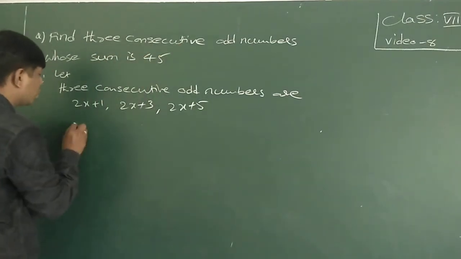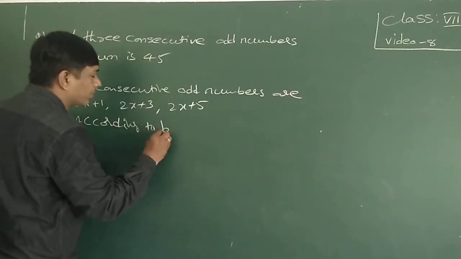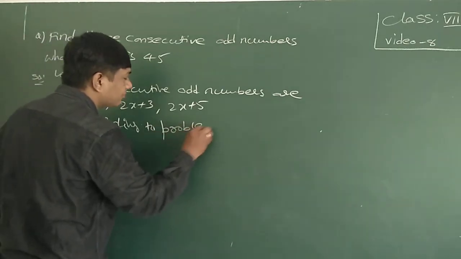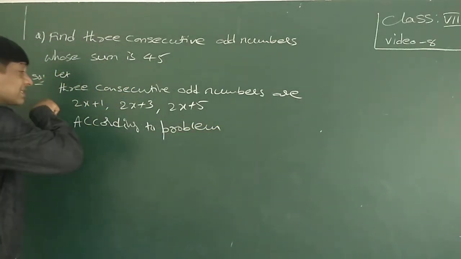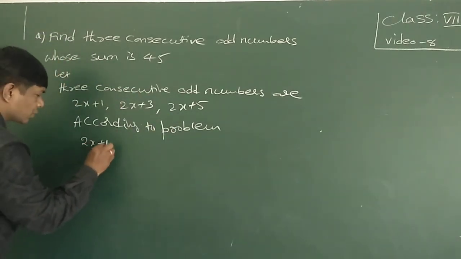Now, according to the problem, the sum of these 3 odd numbers is 45.